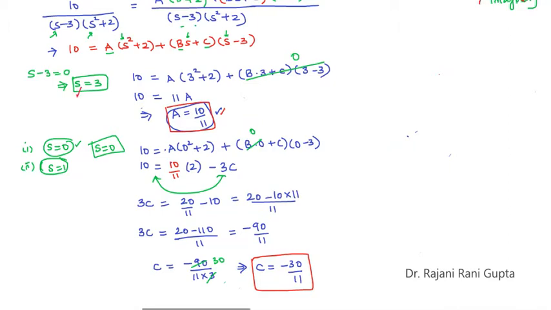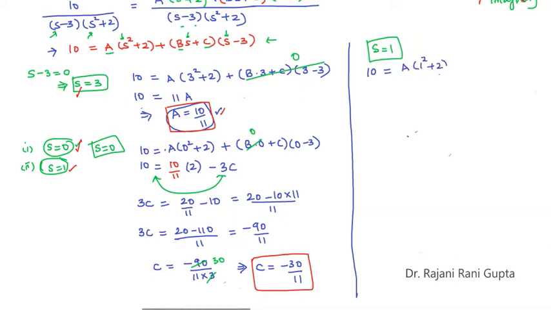So we used s is equal to 3 and 0. Now we will use the next value, s as 1. So when s is 1 in this equation, what we will get? We will get again 10 equal a times 1 square plus 2 plus b times 1 plus c times 1 minus 3.